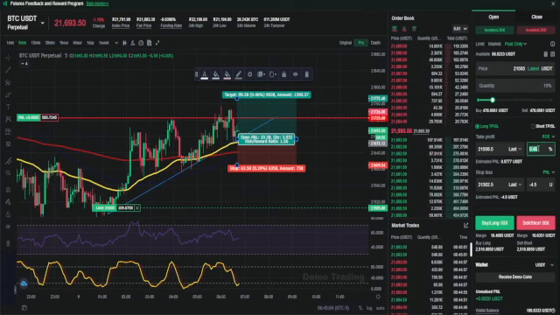A 1% move is $6, so a half percent move is roughly $3. So 21,640 is 18%, so it's probably looking at about 15% at 0.46.